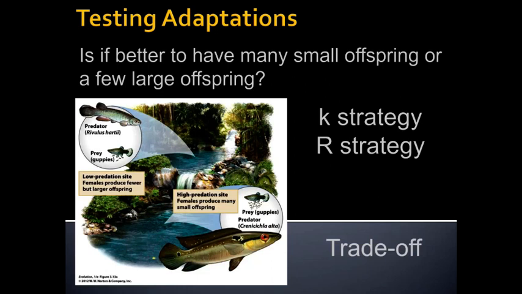And so in this example, people actually did these experiments where they found streams that they could move guppies into that they weren't there before, and they took guppies that had adapted to a lower part of the stream and moved them to a new environment where there was no longer predation. And then they looked to see what was going to happen, and vice versa.